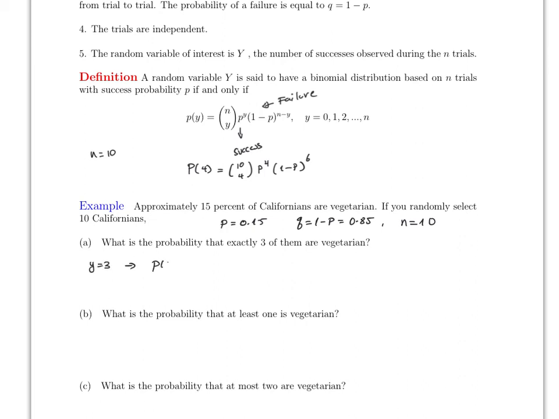So we're trying to find p of 3, which will be 10 choose 3, times 0.15 to the third power, times 0.85 to the 7th power. Right, so then you just use a calculator and compute these values. If you have a TI-83, it can compute the whole thing for you at once, and the answer is 0.1298.